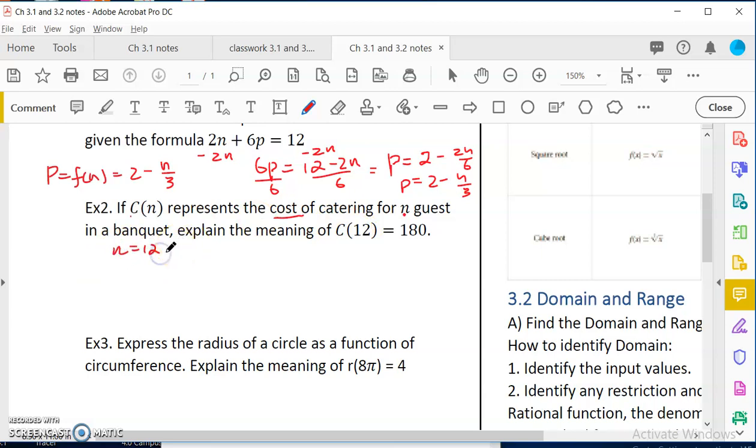If I have C of 12, that means n is 12, that is 12 guests. And what would C of 12 mean? C of 12 is the cost of catering for n guests, in this case 12 guests.